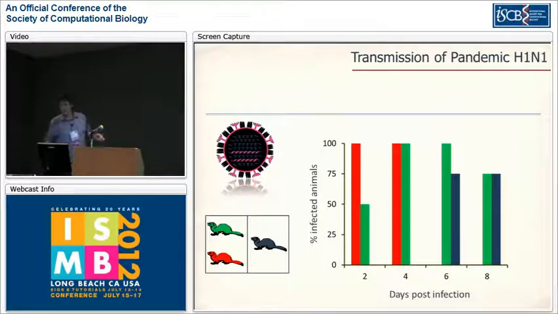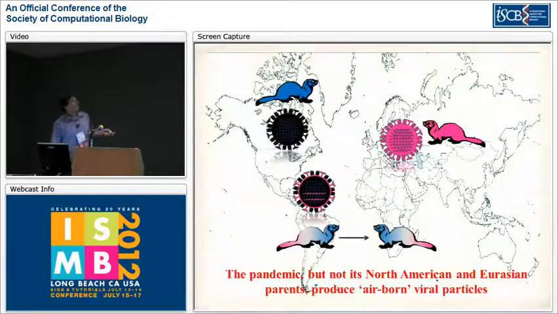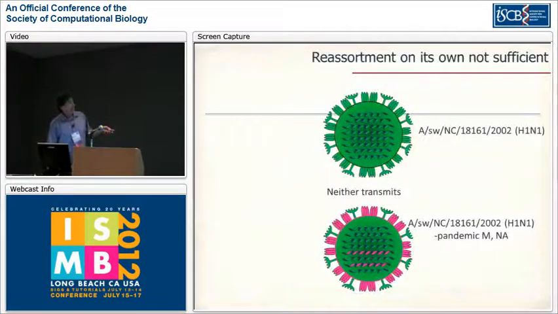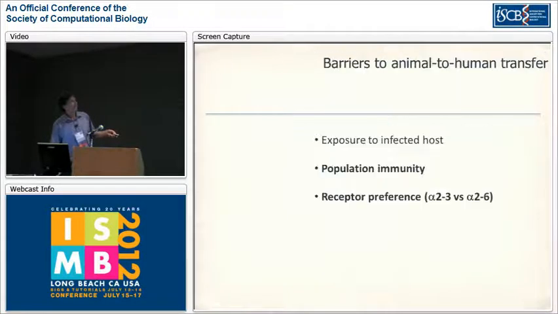That was an important characteristic of the pandemic strain. This slide shows that this is unique because neither parent, neither the North American nor the Euro-Asian, was able to do that. The immediate question is whether reassortment, this process of combining the genome, is enough, and I'll show later that it's not. So there's something else going on there.